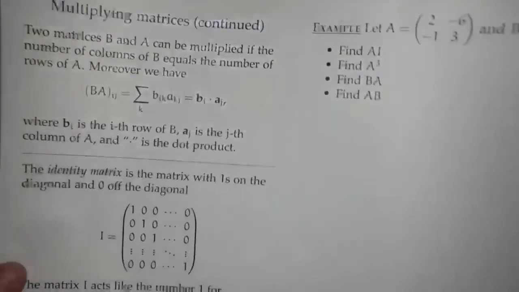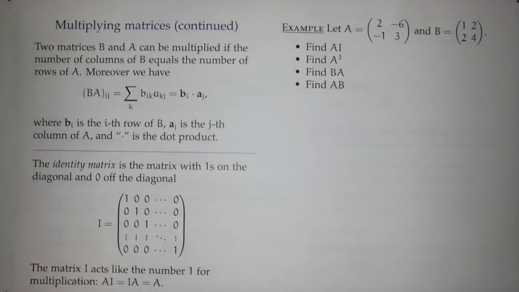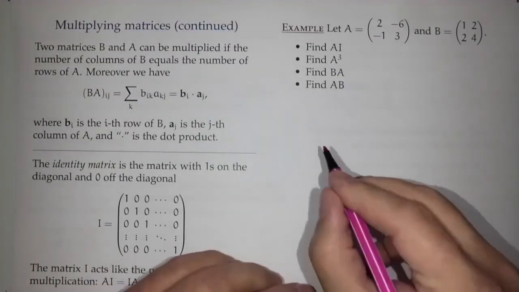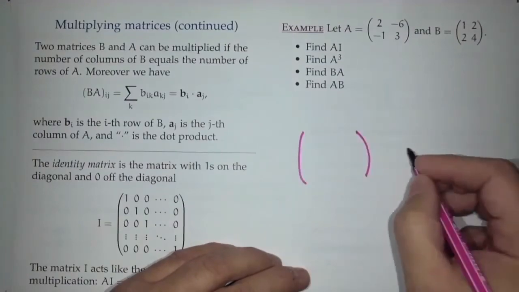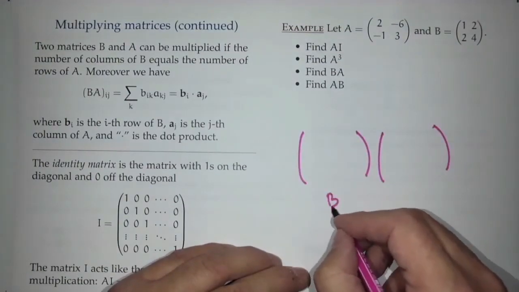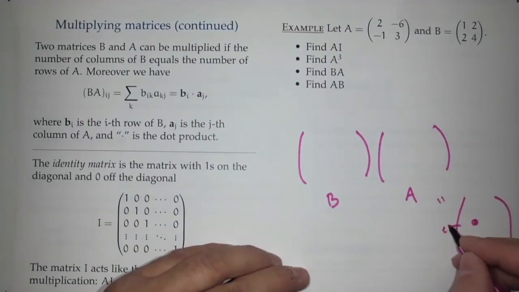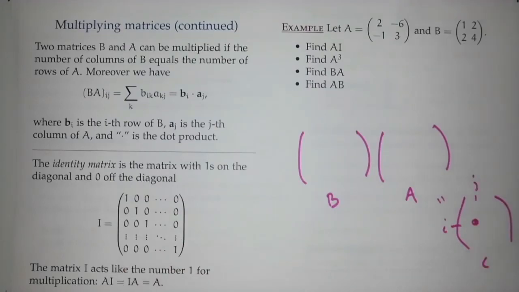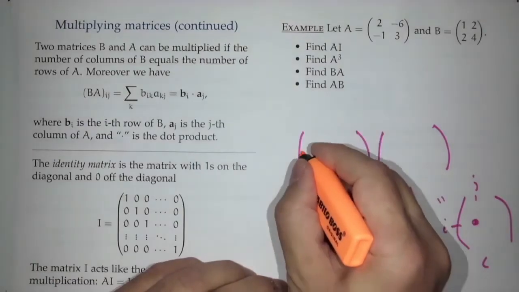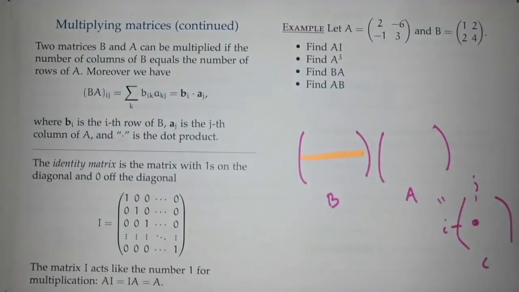So here's the rule. If I have two matrices, B and A, and I want to get my matrix out here, C, and here's the ij entry. You go to the first matrix and you grab the ith row.